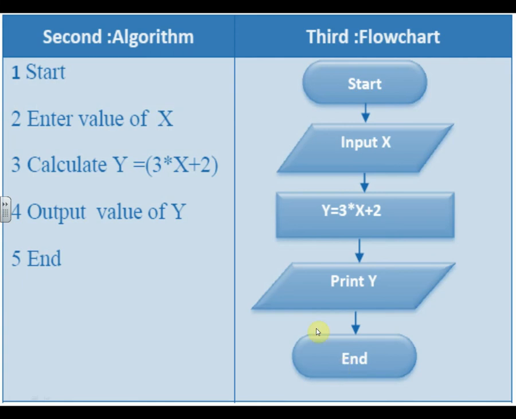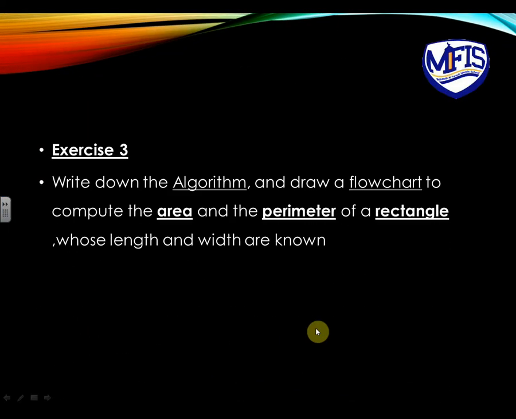Okay, let's go to another exercise. Let's read this one. Write down the algorithm and draw a flowchart to compute the area and the perimeter of a rectangle whose length and width are known. We can translate this exercise together.